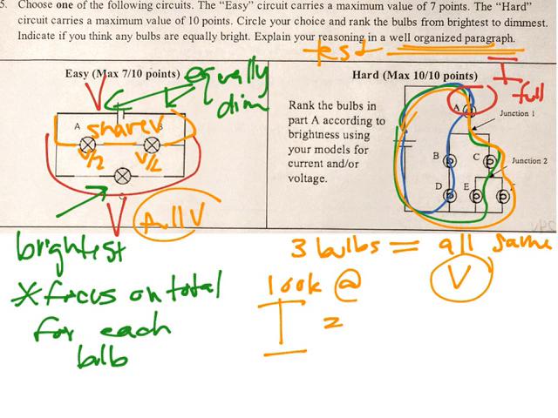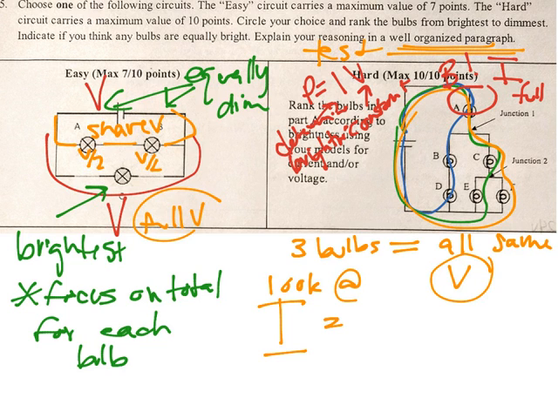Therefore, because it gets the full current, and power is equal to this, and for all this is constant, so this will determine brightness. So this is the full, it's the brightest.